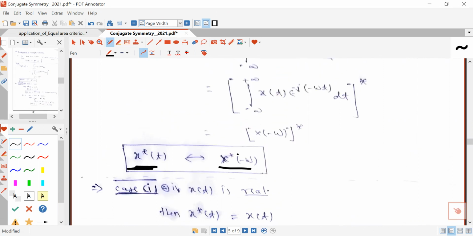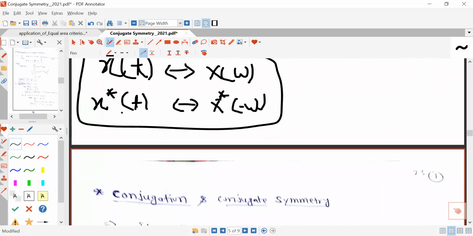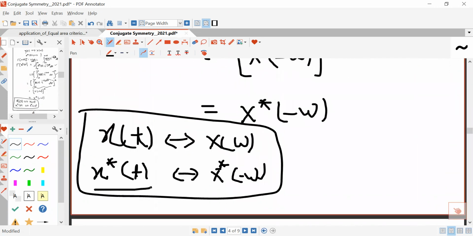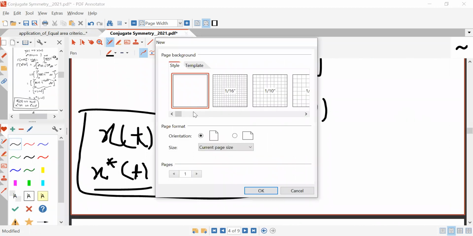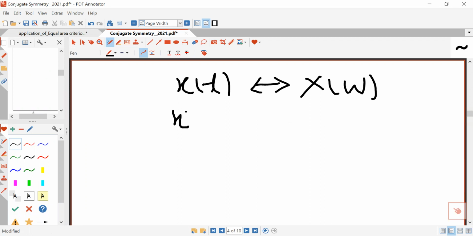Now what will happen if this signal x(t) is real? So as discussed, if the Fourier transform of x(t) is X(omega), then the Fourier transform of its conjugate will be X of minus omega conjugate.